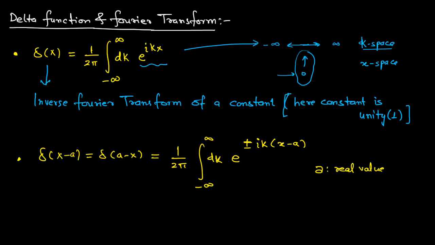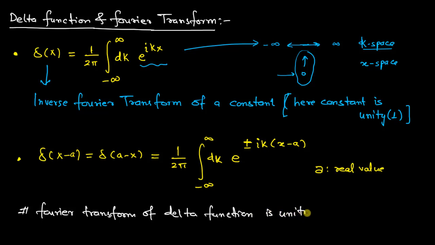So here it is an important point that the Fourier transform of delta function is unity.